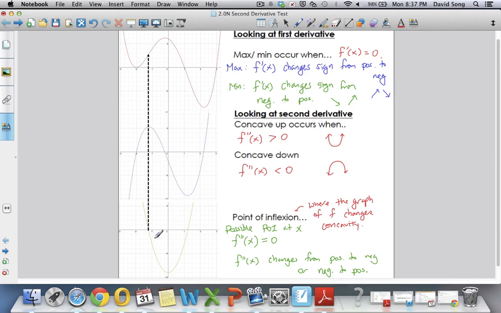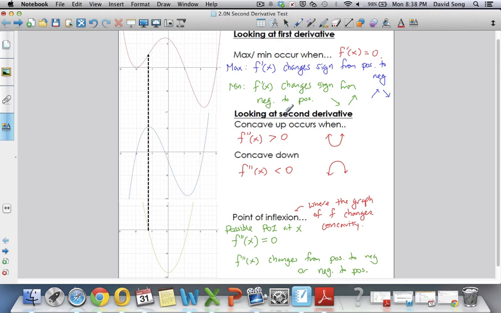Just because your f double prime is 0, it doesn't mean that you're going to have a point of inflection. You have to check to make sure the concavity changes, because the definition of a point of inflection is that f double prime changes sign from positive to negative or negative to positive. So if you look here, f double prime is going from positive to negative. If you look at the graph of f of x, here it is concave up, and to the right of this point it is concave down.